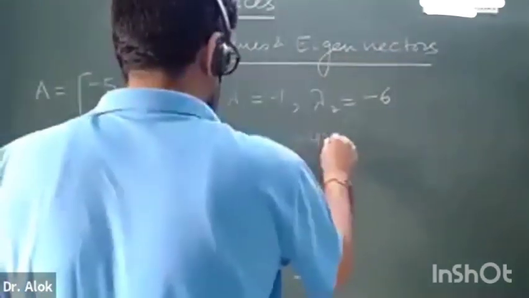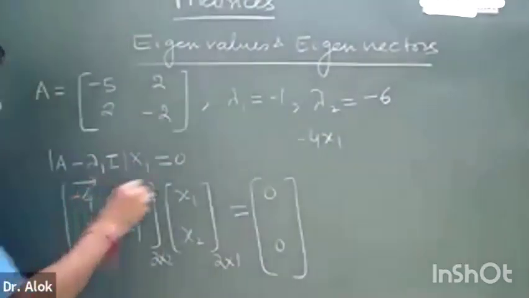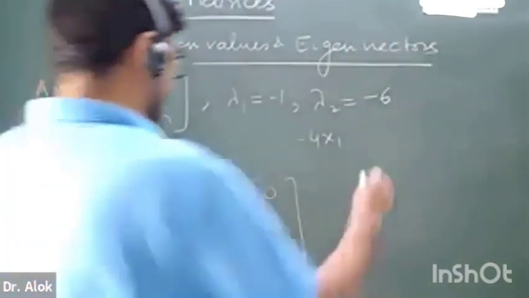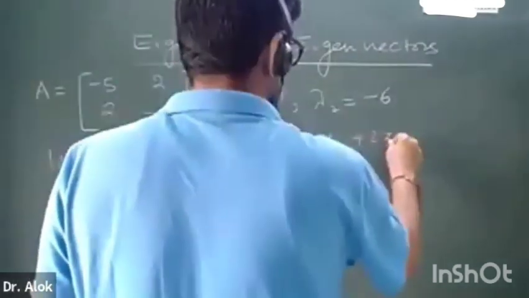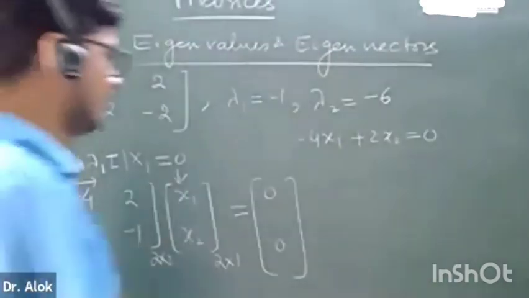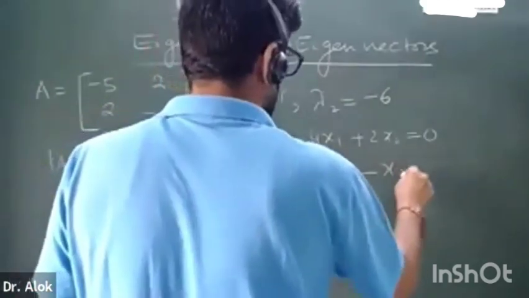So it will become -4 x1, and you must know how to multiply the matrices. I hope you know. x2 plus 2x2 is equal to 0, and 2x1 minus x2 is equal to 0.